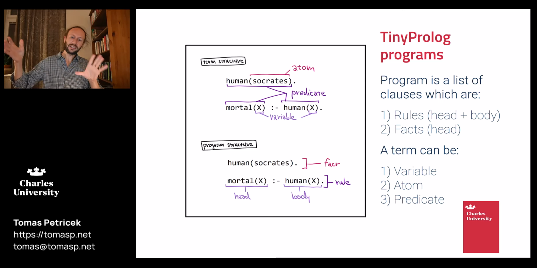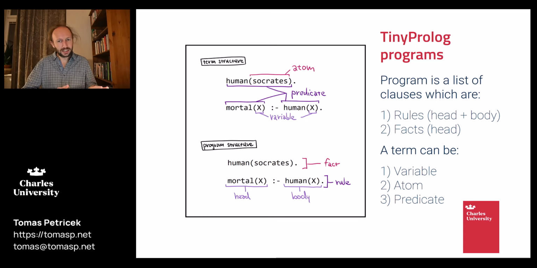So we have facts and rules. The rules consist of head and body. The facts only have head. And inside these things, we have terms such as human Socrates, mortal X, or human X. And those can consist of three things.